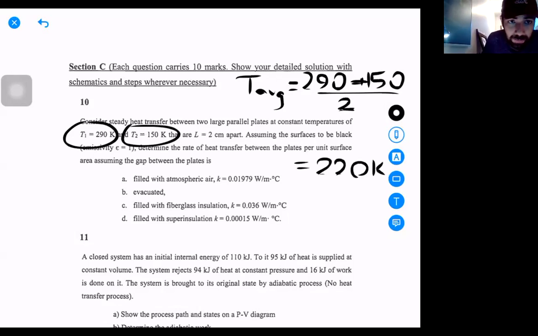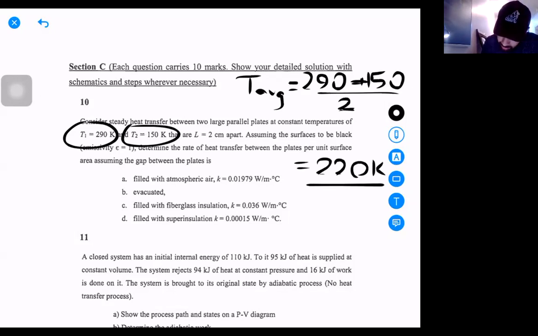Based on the average temperature, we can read the amounts of K in the tables.